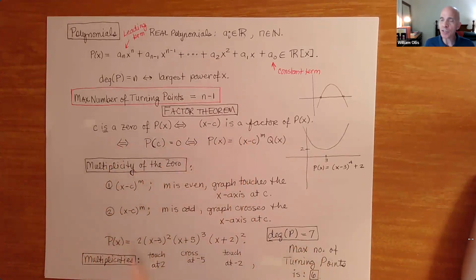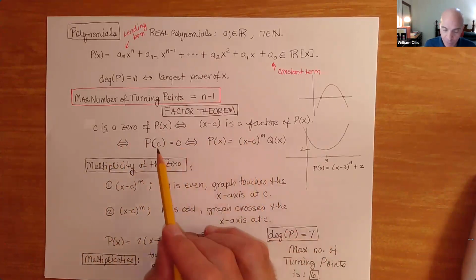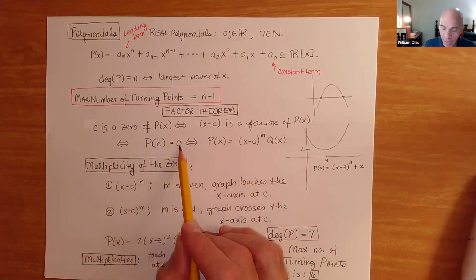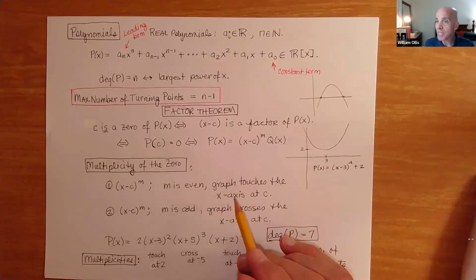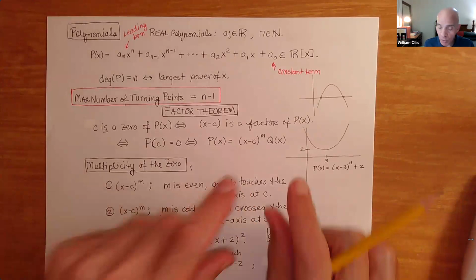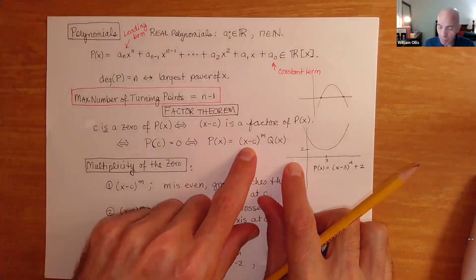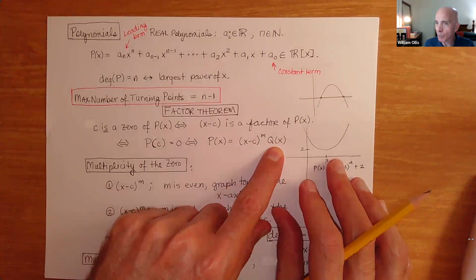That means that you can actually factor some power of x minus c like I have here. So if p of c equals 0, then basically by substituting c for x, the polynomial is annihilated, that is, it becomes 0. So it would have to have this form, that is, it must have at least one factor of x minus c, and then, of course, another factor over here, which is just a reduced polynomial.